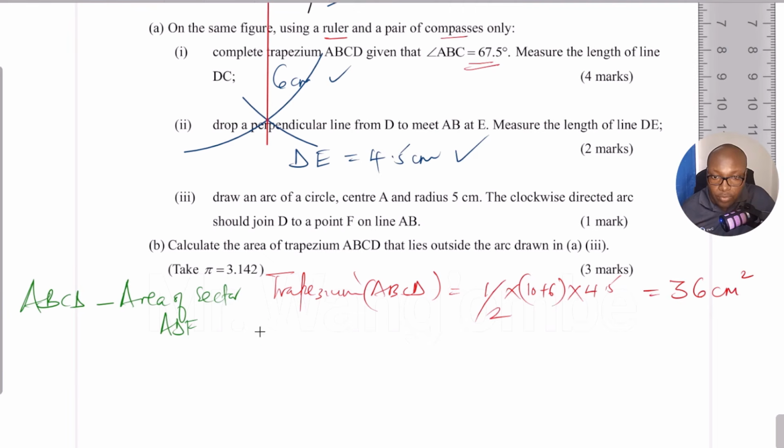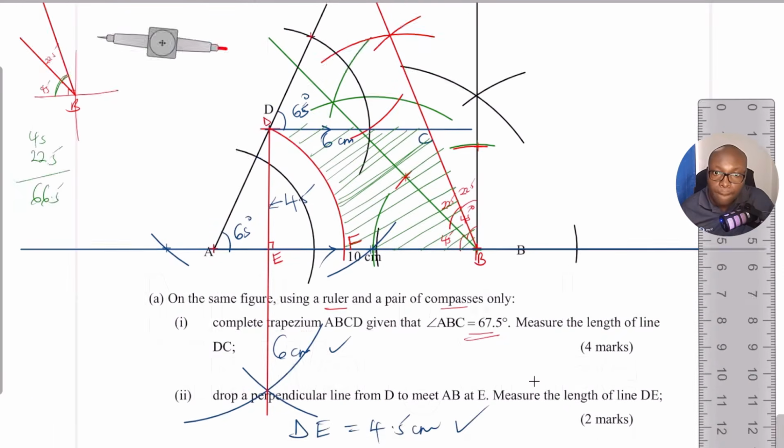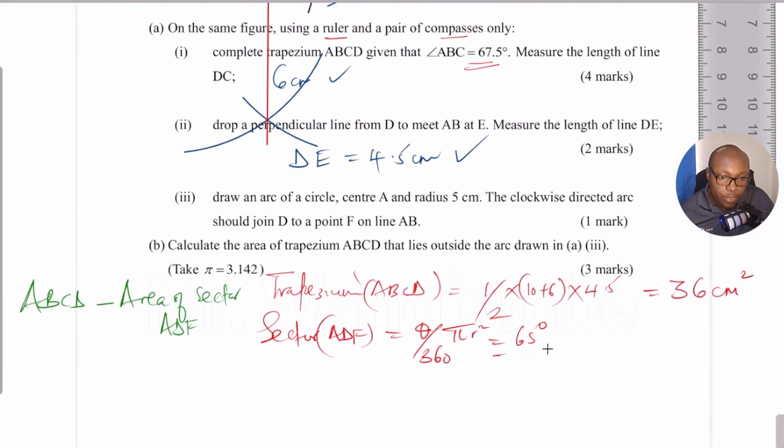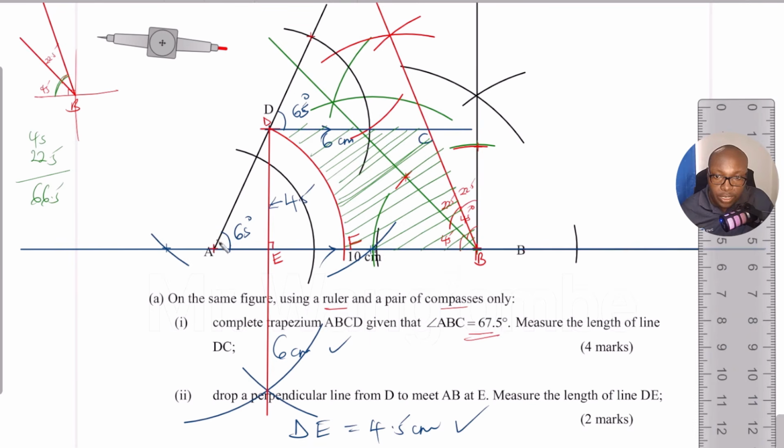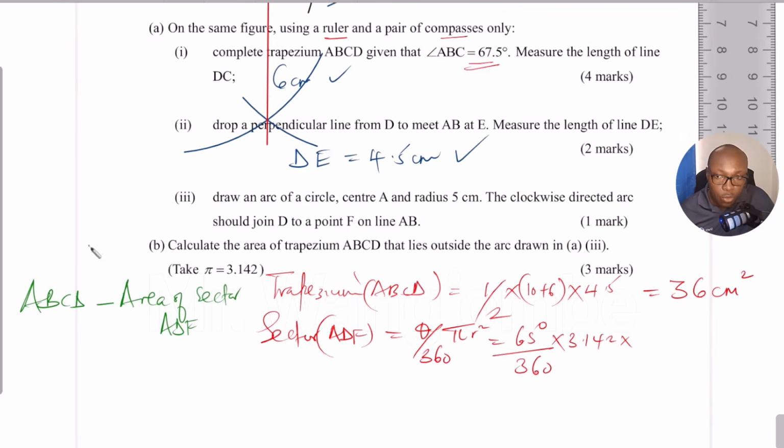Then the area of the sector ADF. How do you get the area of the sector? We get it by the angle in the center, theta, over 360 pi r squared. The angle is 65 degrees divided by 360 times pi, 3.142 to use the pi given, times the radius squared. The radius is 5, AD and also AF, so 5 squared.